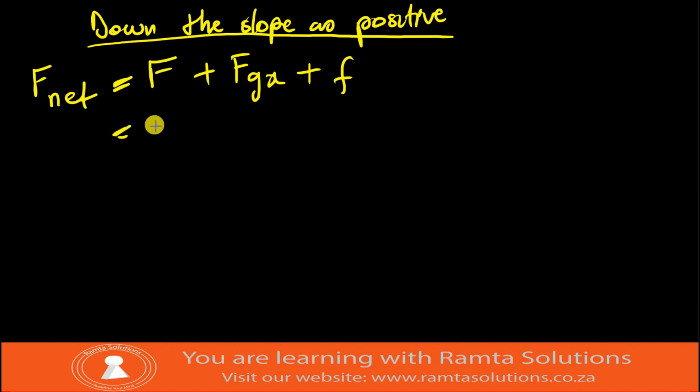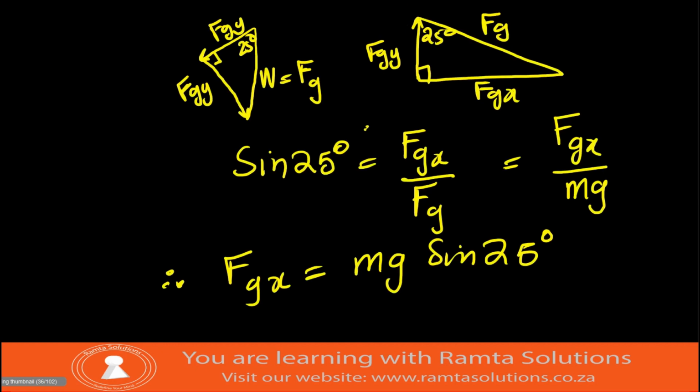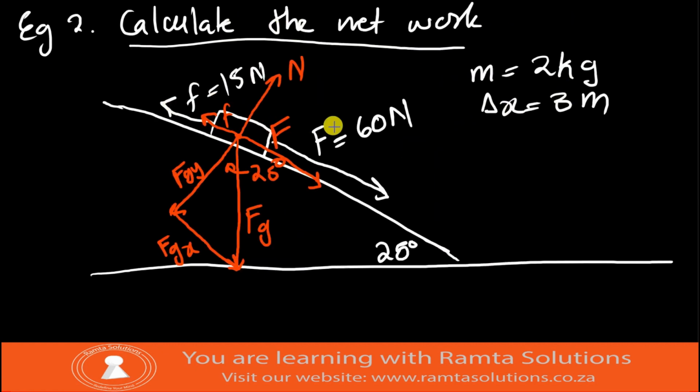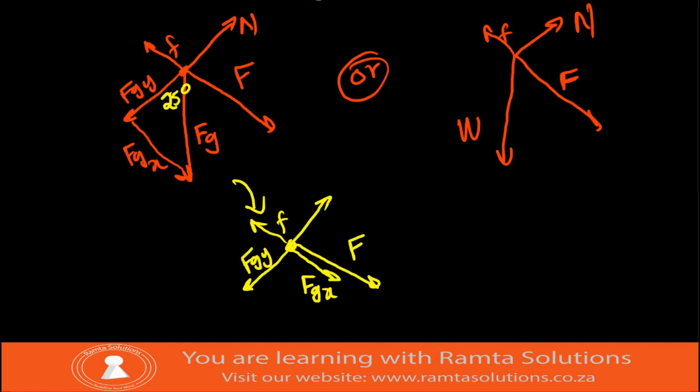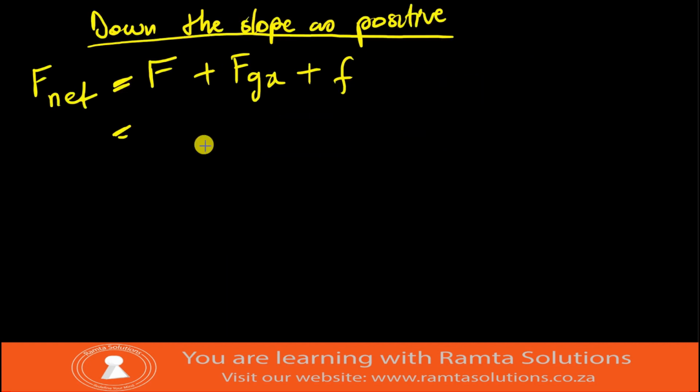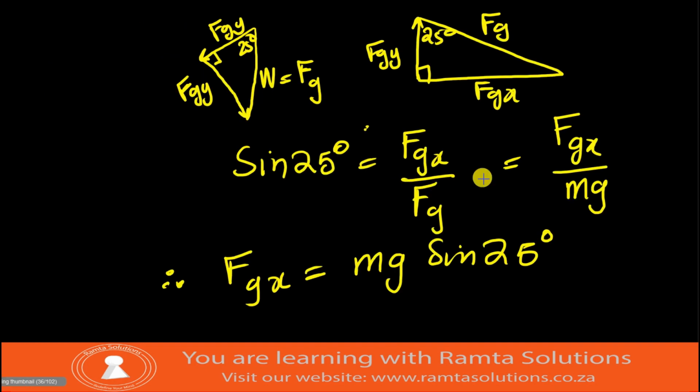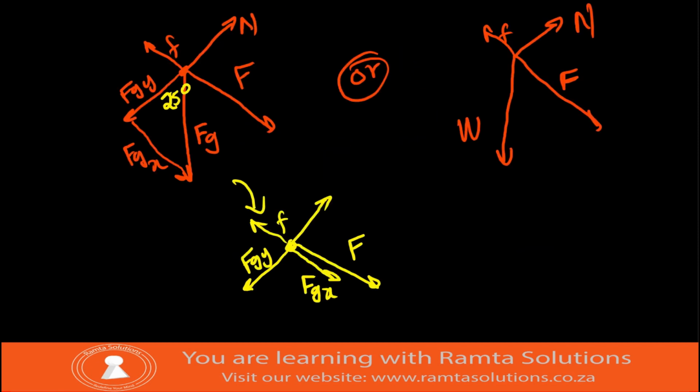What is F? It was 60 newtons. It's going down the slope. It's positive. It's fine. What is FGX? It was mg sine 25. What is m? M is the mass of the object.